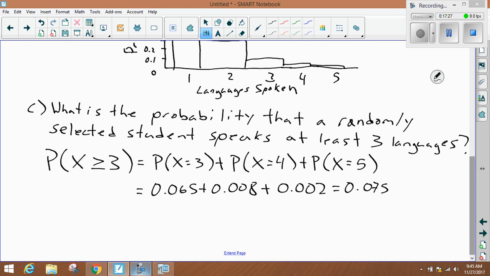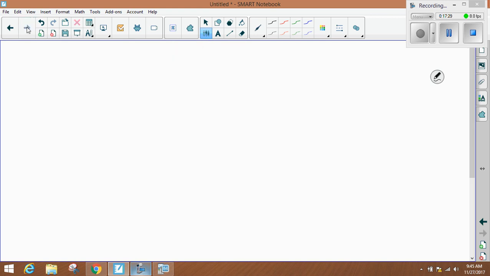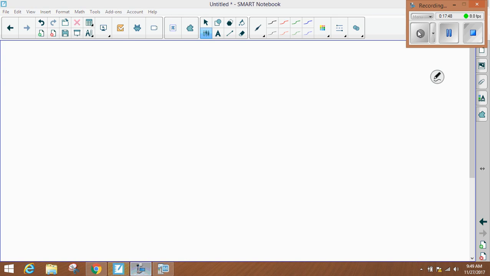The next example that you get in your text has to do with playing roulette. Let's talk about the mean of a discrete random variable.